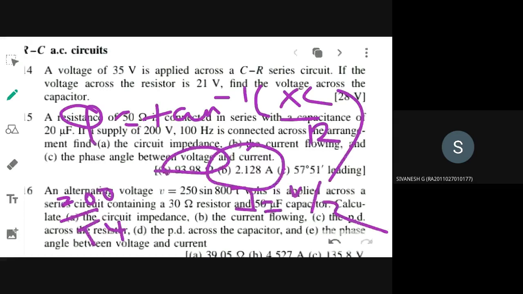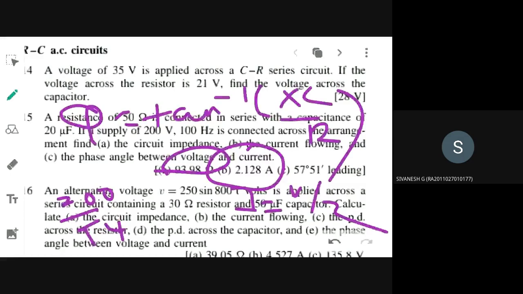Xc is equal to 1 by omega C. Have you got the answer 57.51?